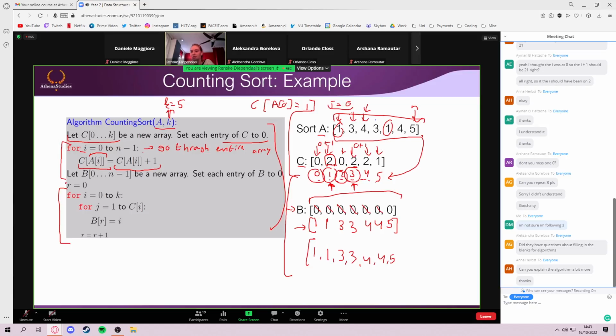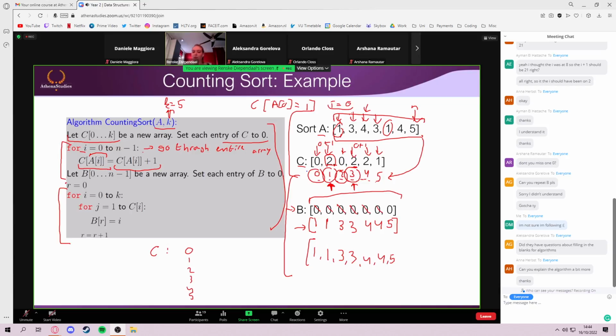All right, so in this way you go through the entire array. You just count how often these numbers occur. And then in the end, we see, okay, so the number 1 occurs 2 times in this array A. So the index 1 over here is going to have the number 2. This is how often we counted it. It's sort of like if you tally it, right? So let's say C is basically 1, 2, 3, 4, 5.